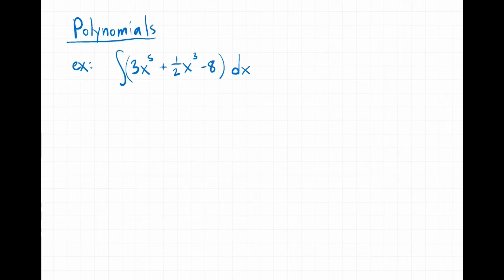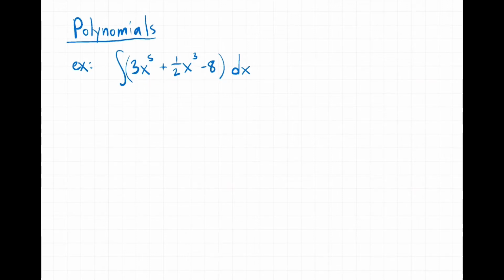Remember, every polynomial is a rational function, just like every integer is a rational number. This polynomial here, 3x to the fifth plus 1/2 x cubed minus 8, is the same thing as that whole polynomial over 1. And since 1 is also a polynomial, that's automatically a rational function.